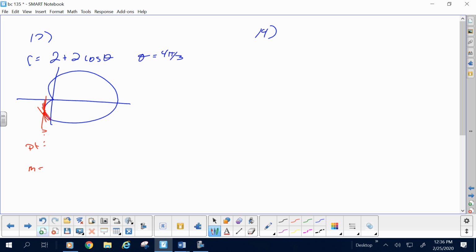I think you'll agree that x is r cosine theta, so that's 2 cosine theta plus 2 cosine squared theta for x, and y is 2 sine theta plus, and then 2 cosine theta sine theta is sine 2 theta. Are we cool on that? And I can find the point in a second, but I just wanted that to look at when I find the slope.